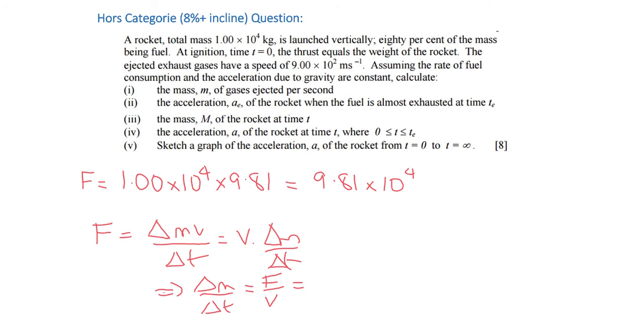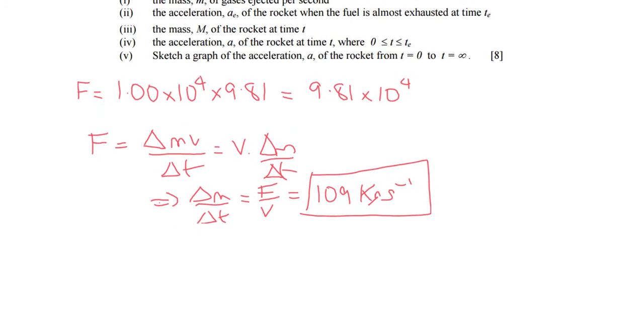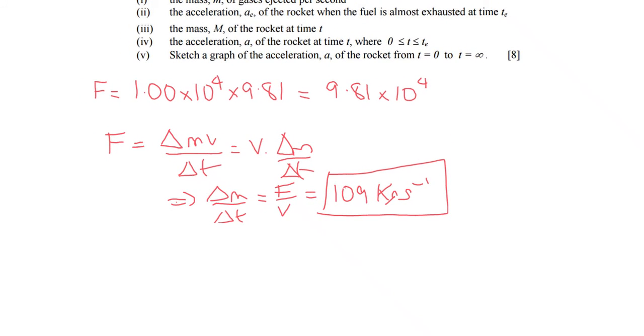So that's this 9.81 times 10 to the power 4 divided by the velocity, which is 900, gives you 109 kilograms per second. All right, so that is your mass per second. Next it wants us to get the acceleration of the rocket when the fuel is almost exhausted.